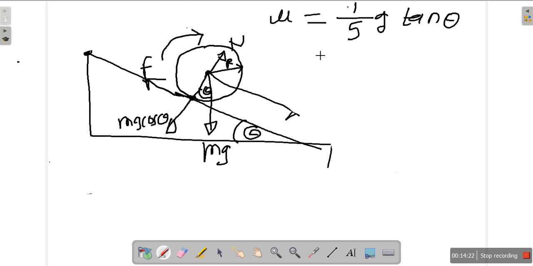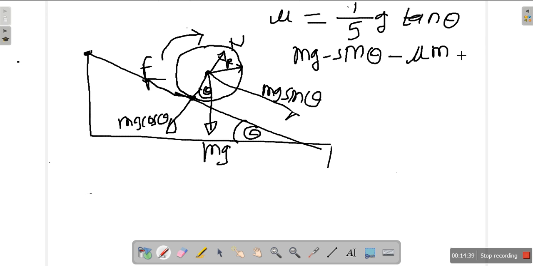So now let us use again the same equation. Let us find the acceleration. The acceleration will be given by again mg sin theta minus force of friction, which is mu mg cos theta. Let us put mu as 1 by 5 g tan theta and see what we will get.